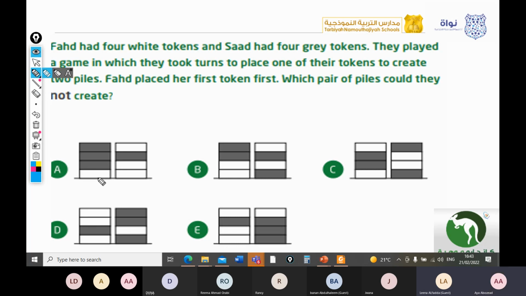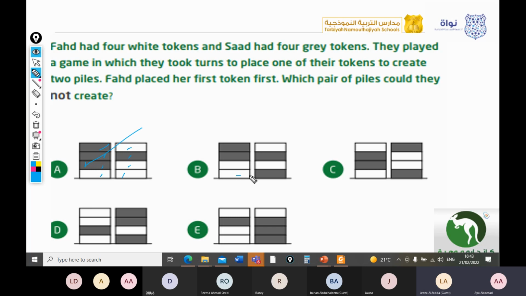So from A, I found 1 white, 1 gray, 1 white, 1 gray, 1 white, 1 gray. So this is correct.